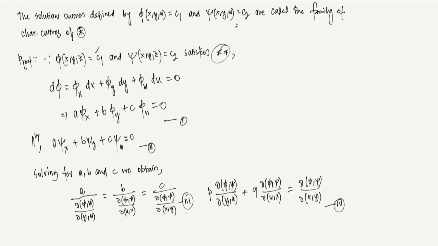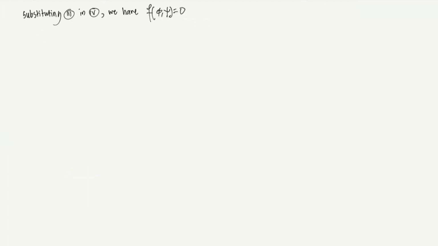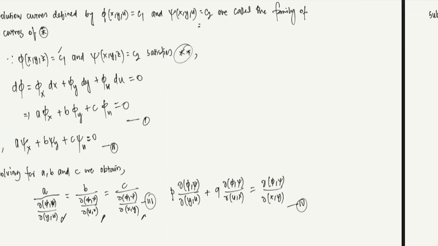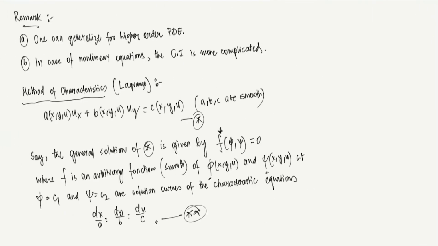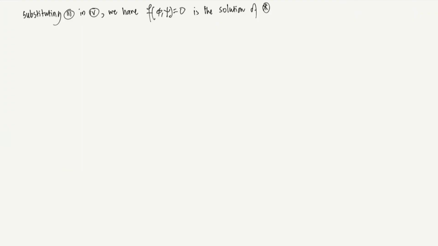So once we have 3, if you substitute it in 4, essentially A will be lambda times this particular thing, B will be lambda times this, and C will be lambda times this. If you substitute it, you are basically ending up with f of phi and psi equals 0. So this is the solution of star. That's what we wrote, star. Clear? Okay. So this method is called the method of characteristics.